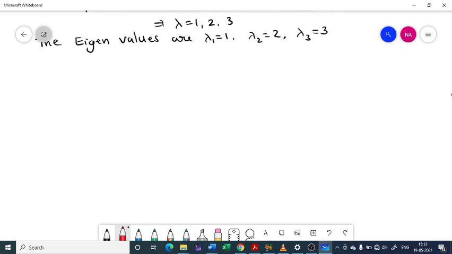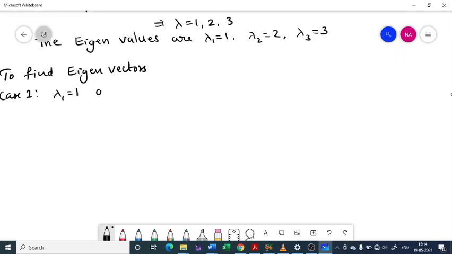So to find eigenvectors, case 1, lambda 1 equal to 1. Assume x1 equal to (x, y, z) transpose. Here A is a matrix of order 3 cross 3, right?